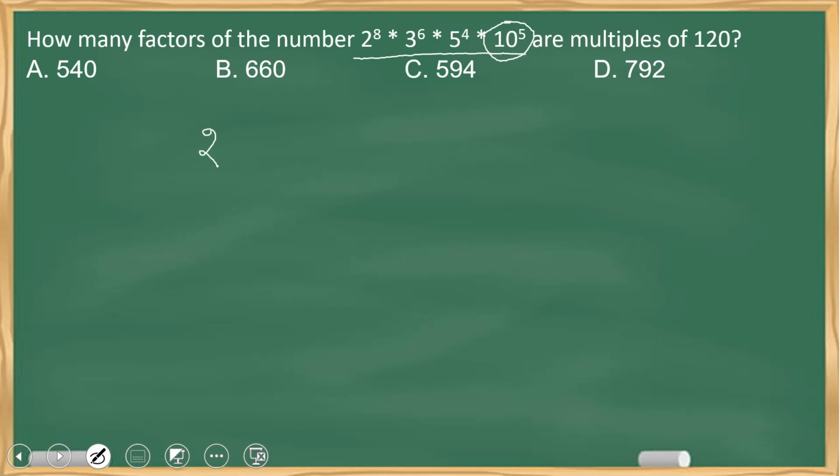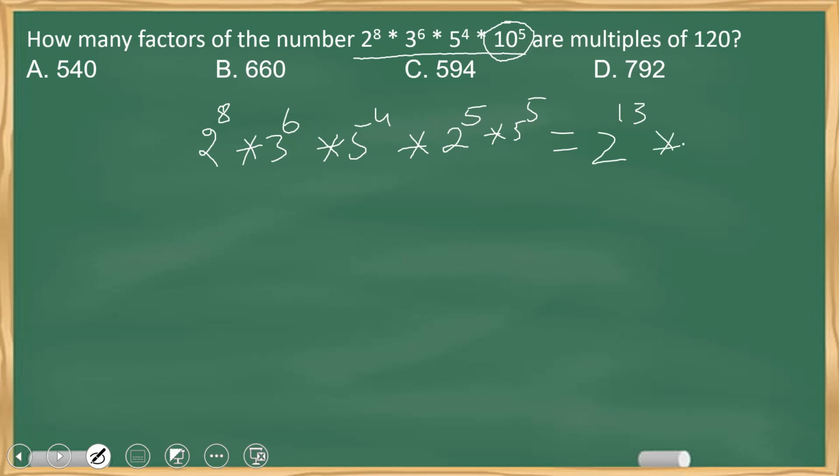So 2 power 8 into 3 power 6 into 5 power 4 into 2 power 5 into 5 power 5. So this is a factorization. Now again combine all these things, it gives you 2 power 13 into 3 power 6 into 5 power 9.